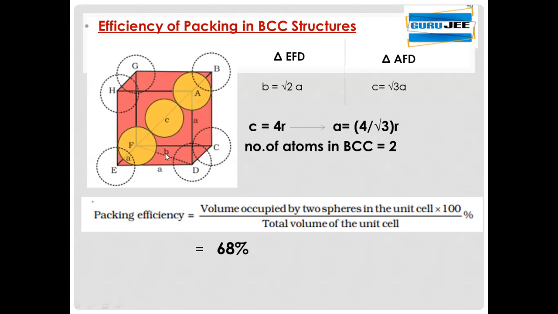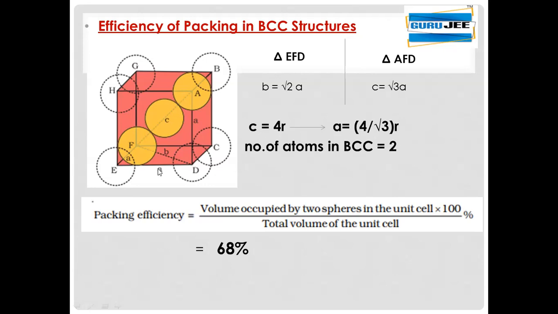For the face diagonal, B = √2 a. We have already proved it in that question. And C is the body diagonal, passing through the body of the unit cell, the center of the unit cell, in which the body-center atom is present. So B = √2 a and C = √3 a.